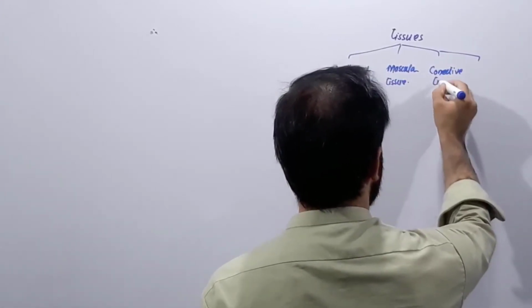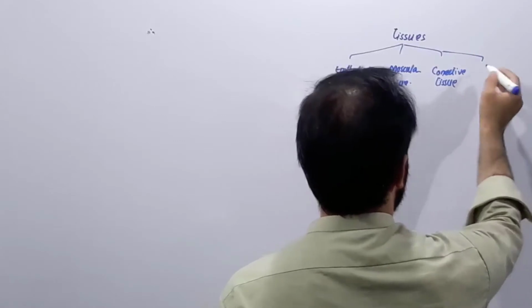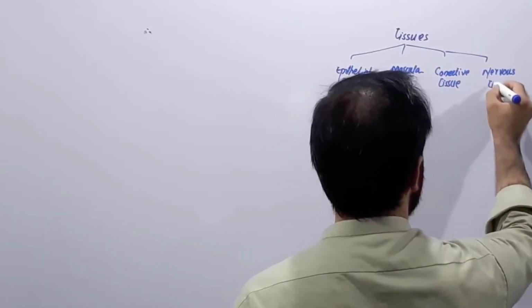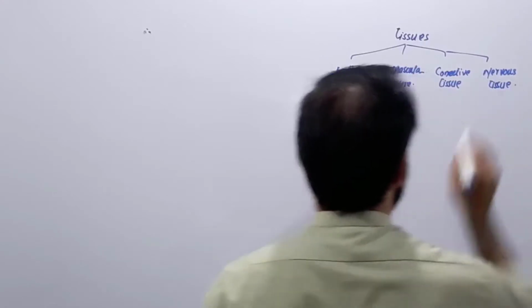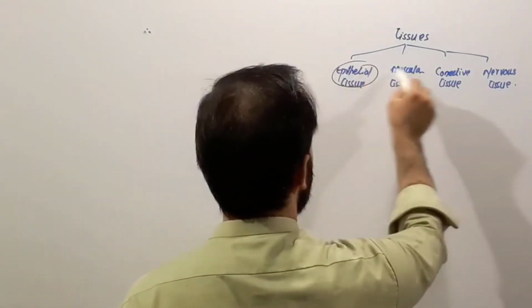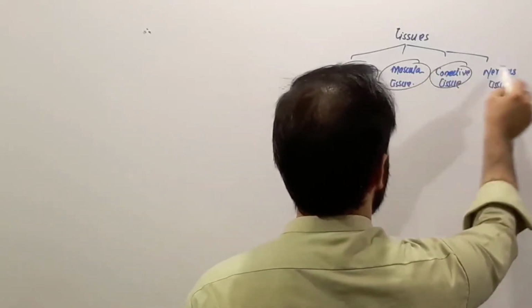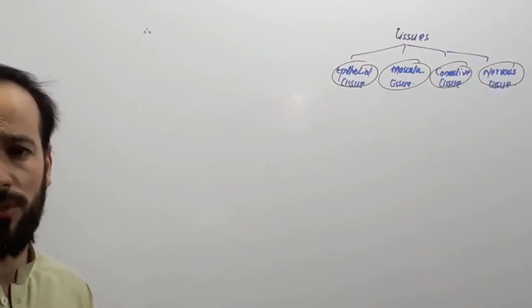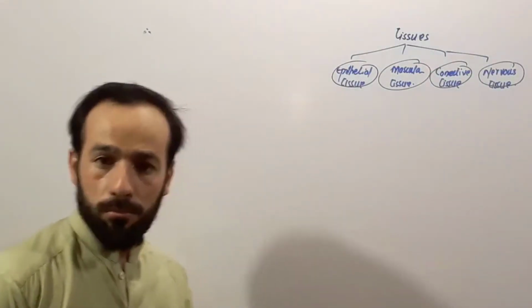And the fourth one is nervous tissue. Right, friends. These are the four types of tissues found in our body, and they make up our whole body.